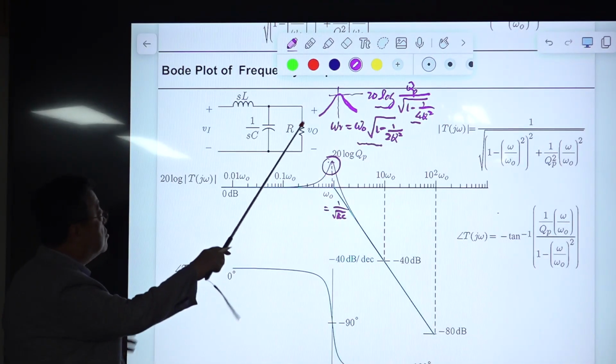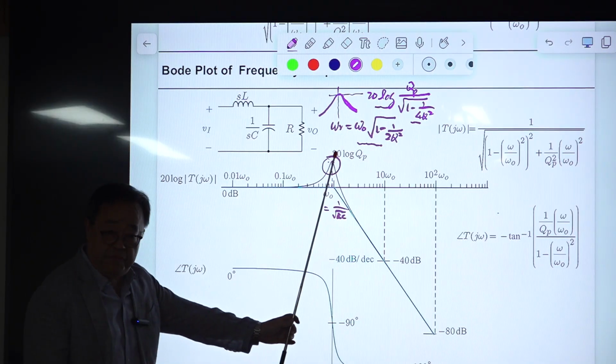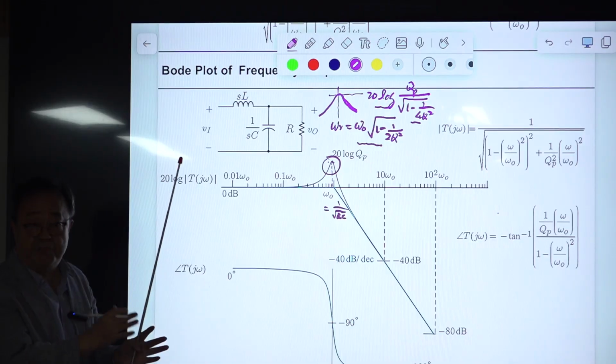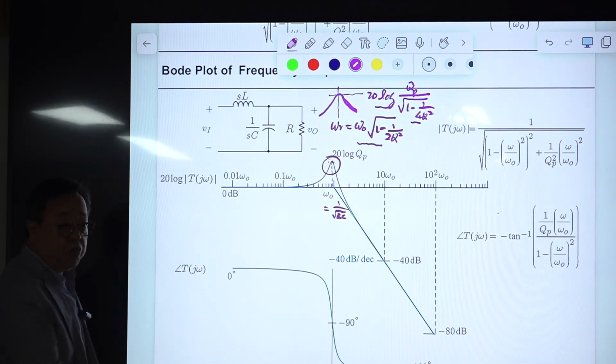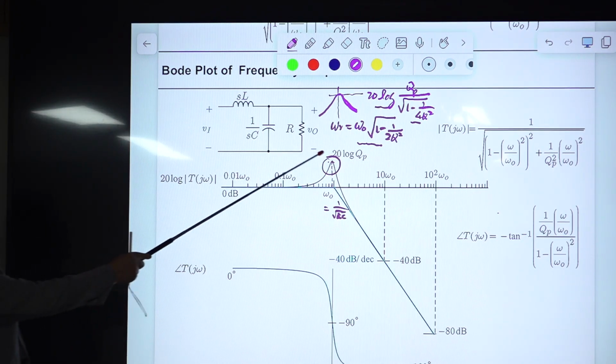If you take a close look at this and simulate it, they actually don't match, because there is a small shift. But that is not important. If you go to a textbook of control theory, network theory, or electronics, they use this.